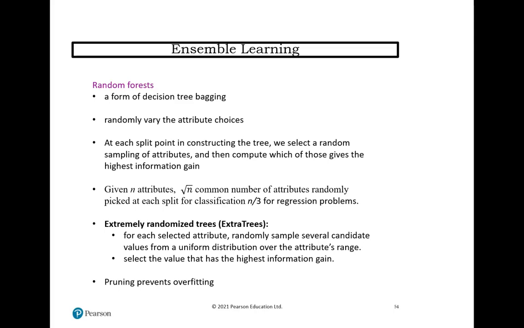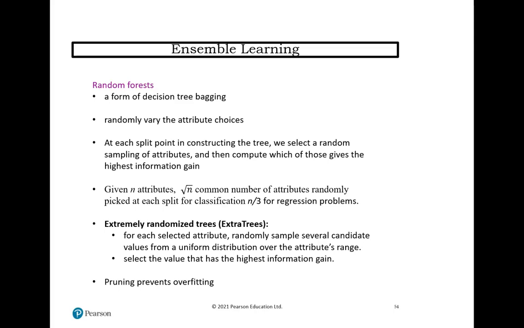So random forest is one way to do this tree bagging approach we just discussed. Again, we randomly vary the attribute choice, so we pick a different set of features every time. And at each split point in constructing the tree, we select a random sampling of attributes. So given n attributes, we get the square root of n attributes randomly picked at each split for classification and n over 3 for regression.